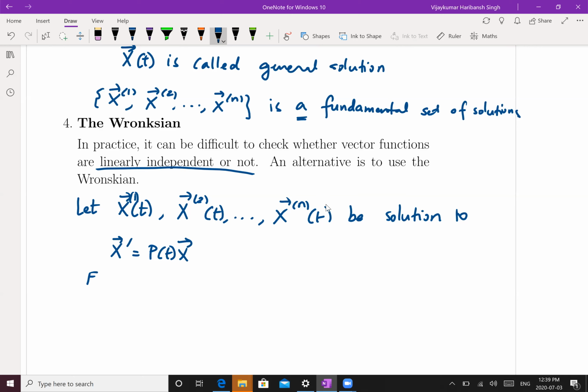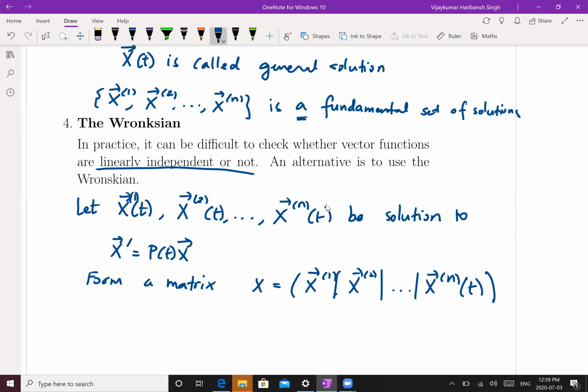Now form a matrix by concatenating them as columns. So you get the matrix X(t) with columns x1, x2, ..., xn.